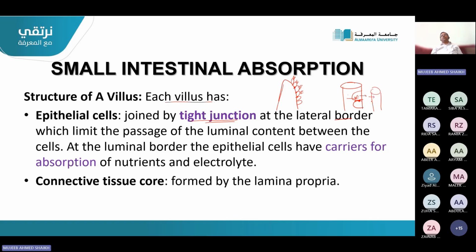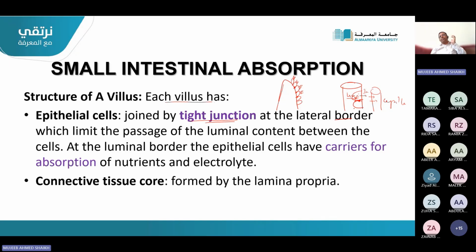Okay, these are the steps: from lumen to epithelial cell, from epithelial cell to the interstitial space, from interstitial space to the blood vessel or capillary. Absorption takes place in these three places.